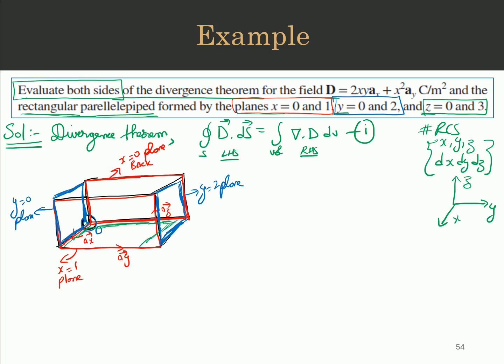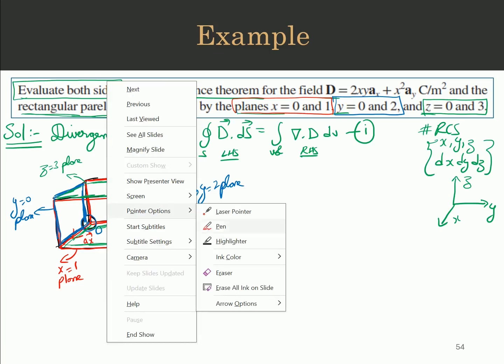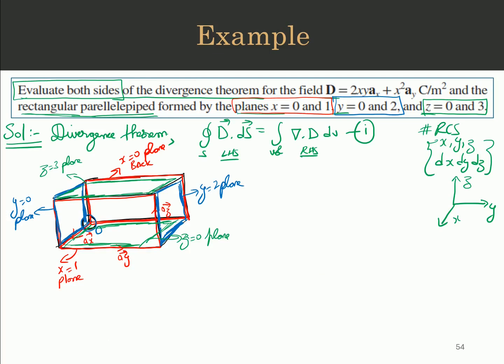Let me call this the z equal to 0 plane, and since z is positive, I'm taking the upper side. So this is my z equal to 3 plane. We have already seen this when we talked about the coordinate systems, but again for analysis I have done this. So these are all the planes for the rectangular parallelepiped.